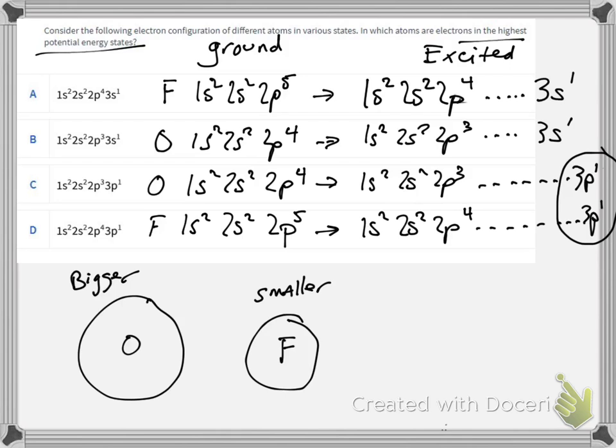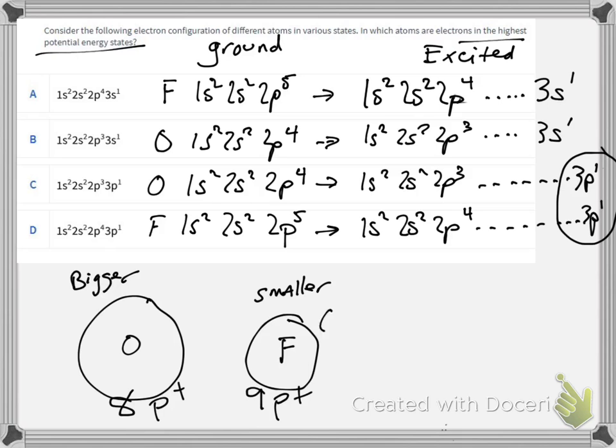So oxygen has 8 protons. Fluorine has 9. So the greater the number of protons within a shell, going across a row, the smaller the atom gets. And if you're smaller, then the ionization energies always go up because the potential energies are always lower.